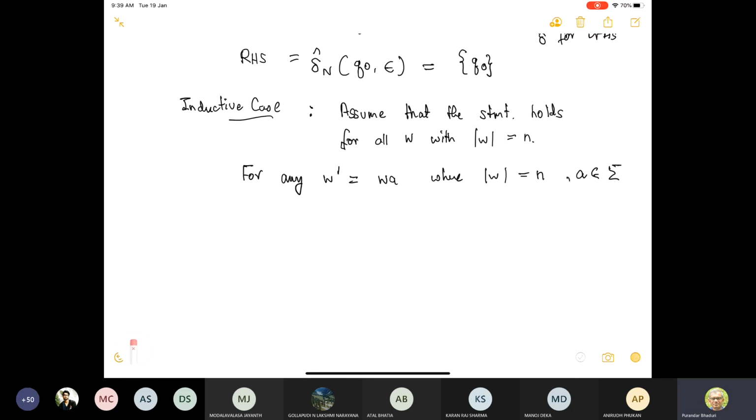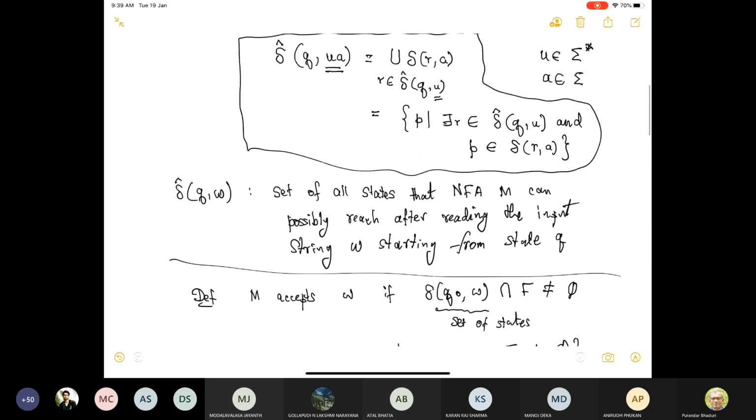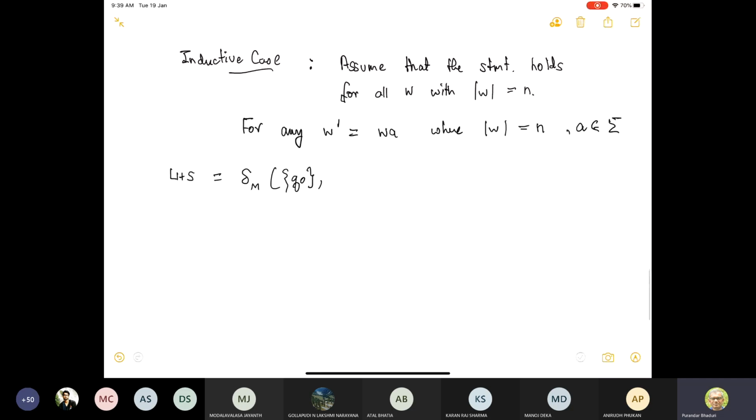We proceed with the left-hand side. This is just delta M Q0 WA.